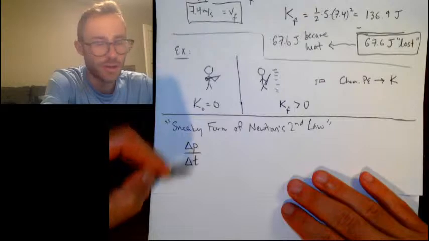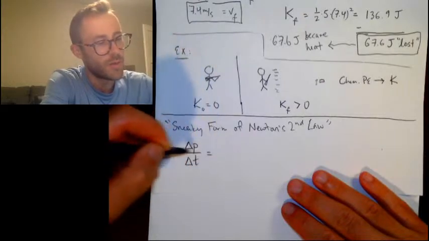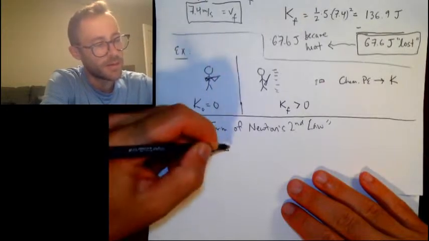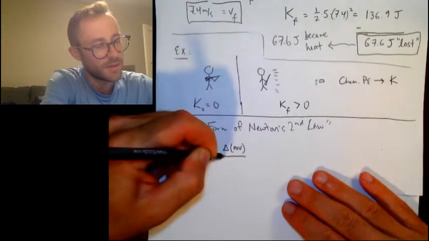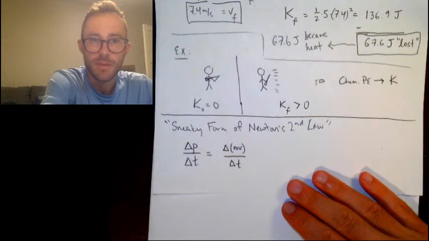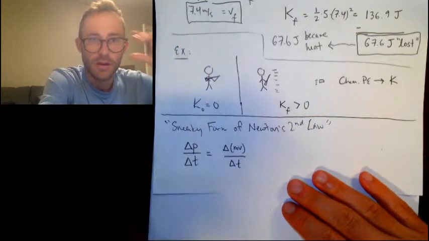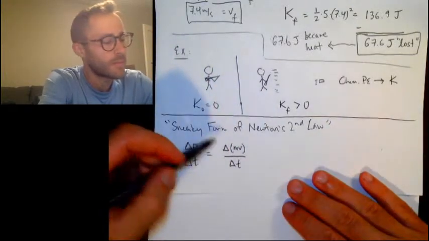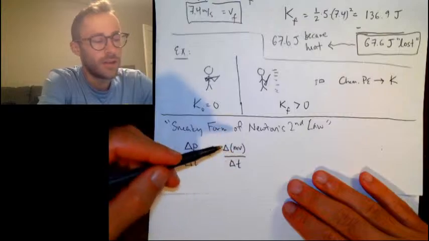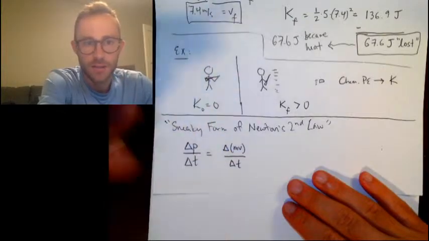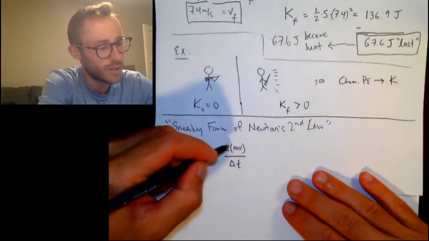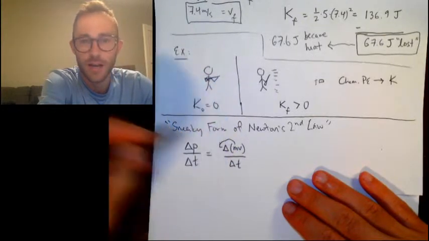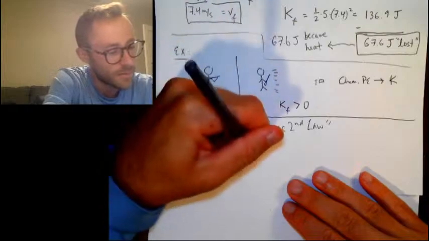So the change in momentum over change in time. Well, momentum is mass times velocity. Okay? And if we have a particle, its mass is not changing. So the only thing that's changing is the velocity. So we can actually factor out the mass here. Okay?